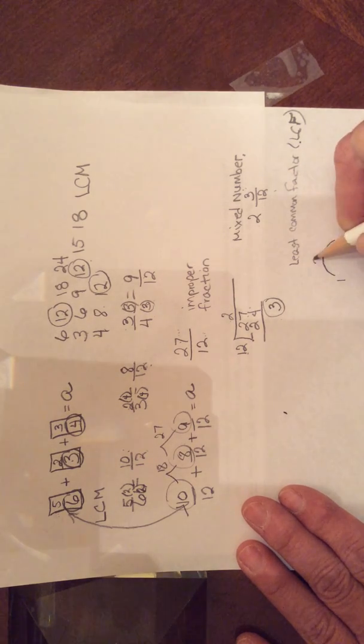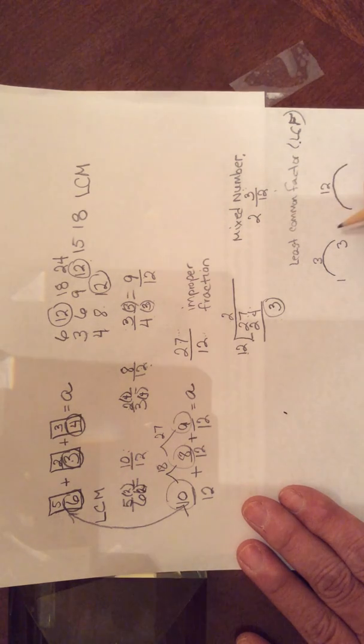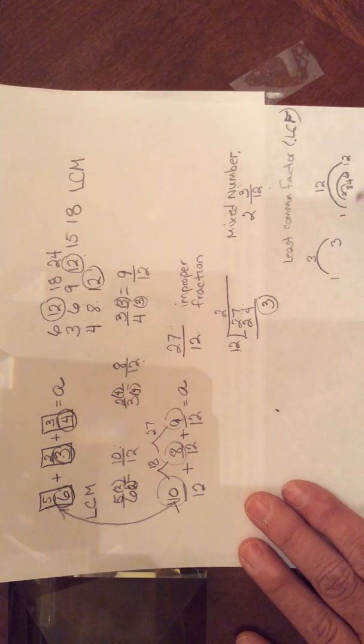And then I'm going to factor out 12 and see what factors make up 12. And I know I have 1 and 12, 2 and 6, and 3 and 4. The factors that are the same are 3 and 3.